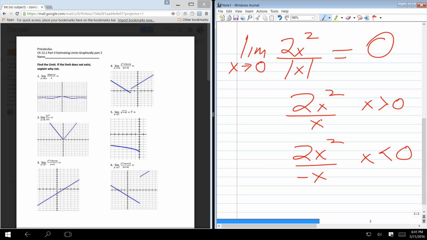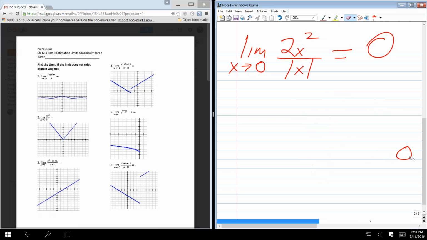In this one, the x's cancel out, and as x goes to 0, clearly it's going to go to 0. In this one, the x's cancel out, and minus 2x goes to 0 as x goes to 0. So we can do this one algebraically as a piecewise function, but we have to set it up. Whenever you have absolute value, it's always going to be a piecewise function.